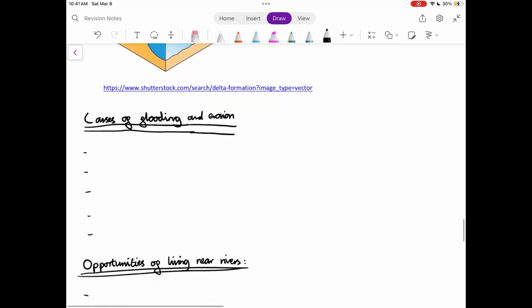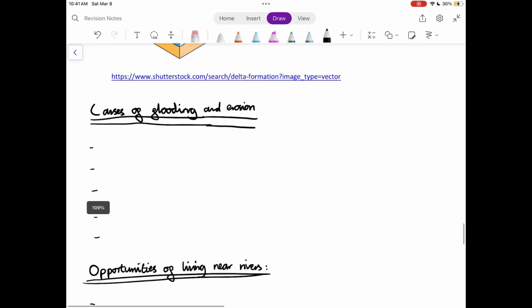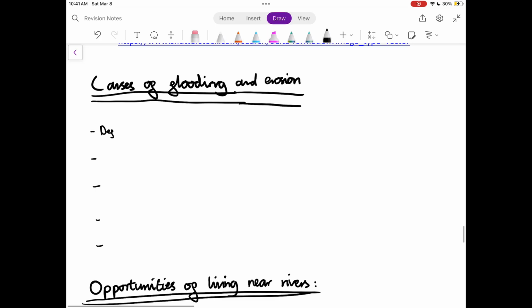So the next thing you need to know are the causes of flooding and river erosion. There's a variety of causes for this, and one of them is deforestation. This occurs because there are fewer trees to intercept the water from precipitation.